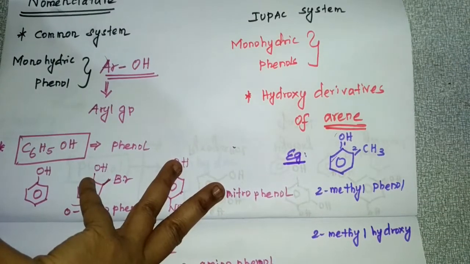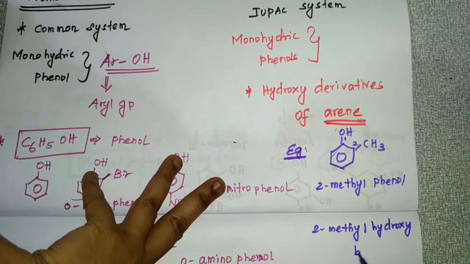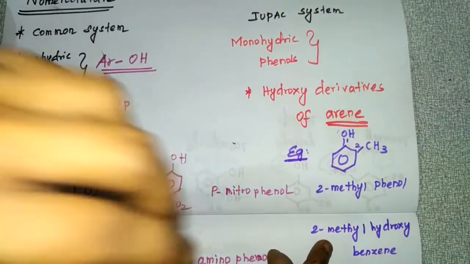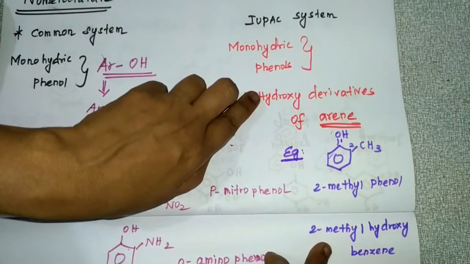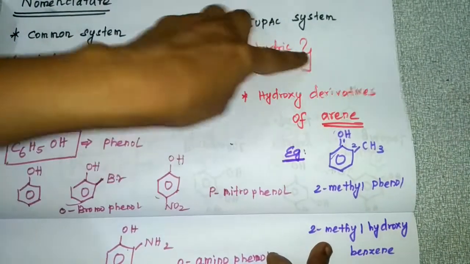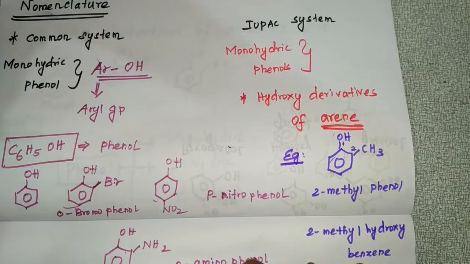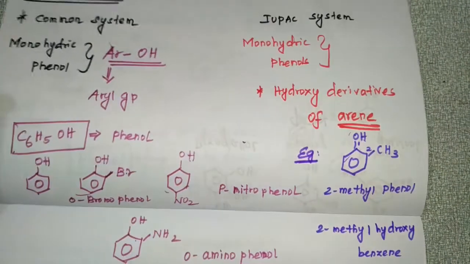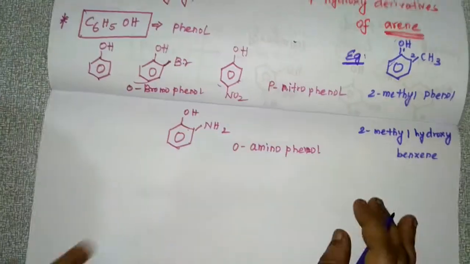Arene means, as I told you, benzene. So you have to name it as 2-methyl hydroxy benzene. Okay, so this is the order you have to follow if you are naming hydroxy derivative of arene. Okay, 2-methyl hydroxy benzene.